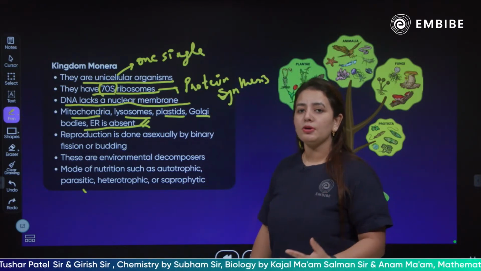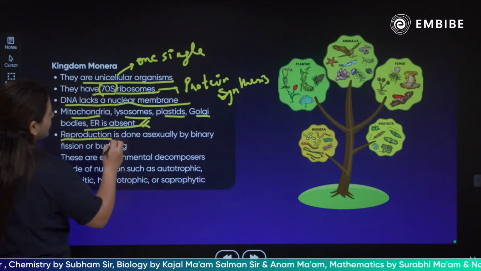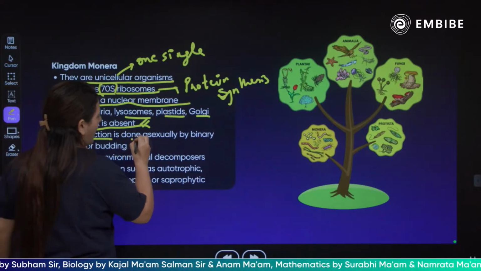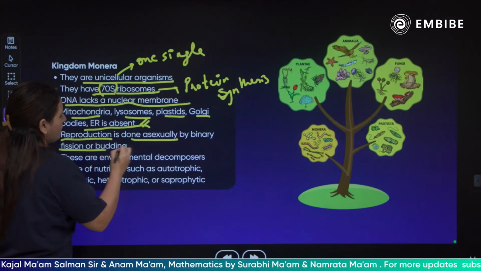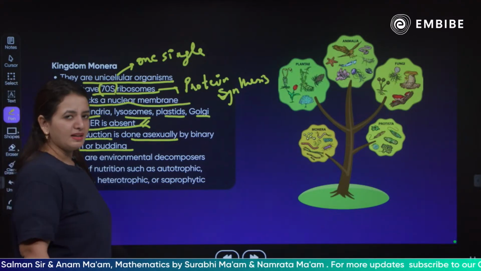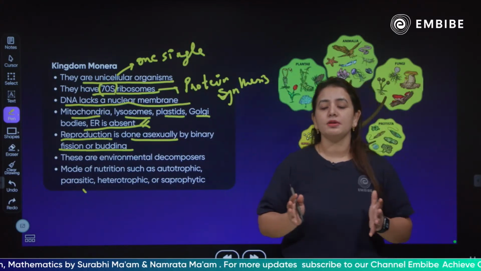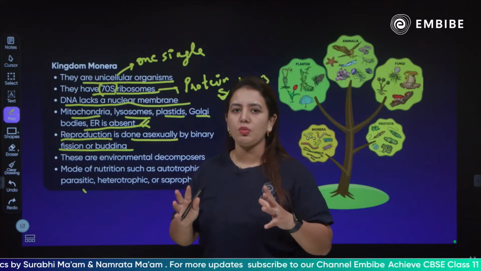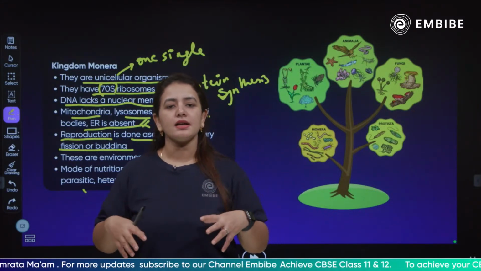Next, reproduction. How do they reproduce? Simply, they reproduce asexually by binary fission or budding. What is binary fission? The nucleus will divide, then finally the whole body divides into two. Then those two organisms will divide again.